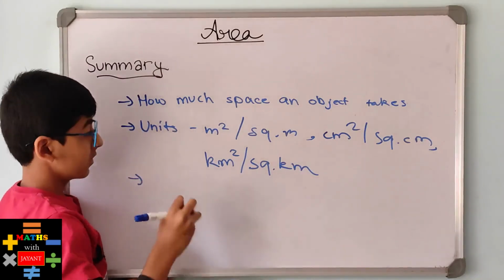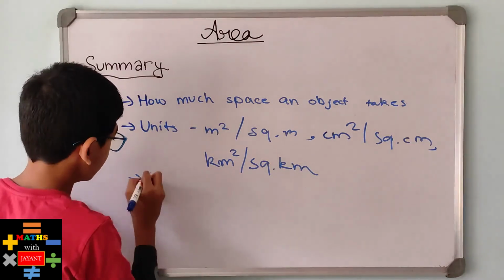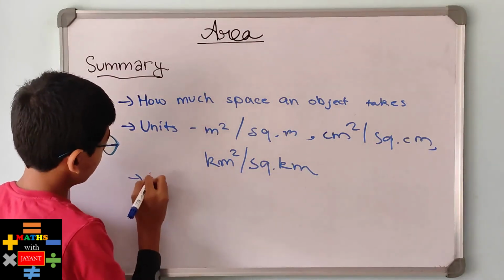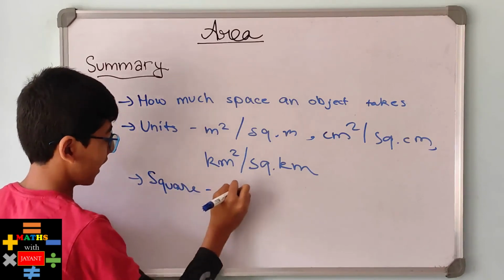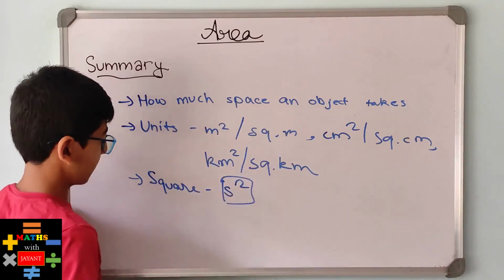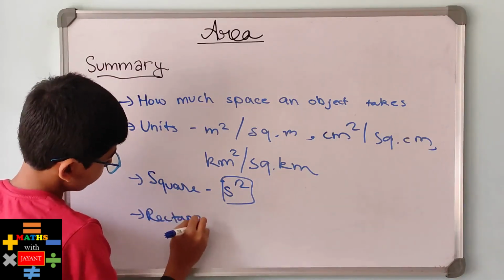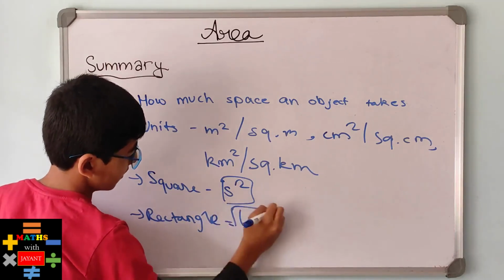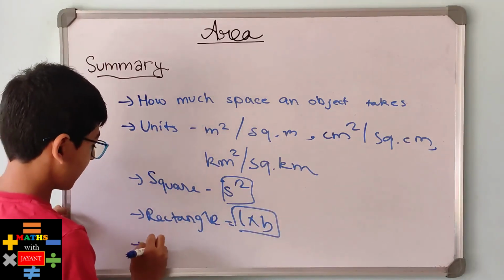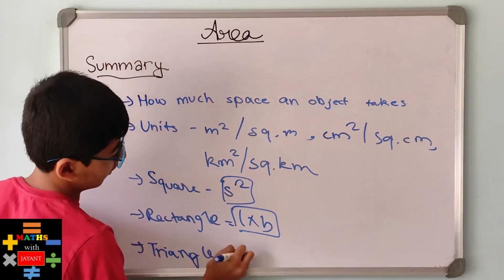Then we learned the formula for finding the area of the regular shapes. So for a square, it was the side squared or side into side. For a rectangle, it was length into breadth. And finally, for a triangle, it was half of base into height.